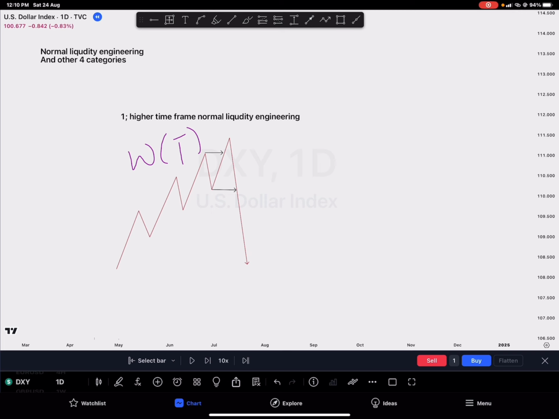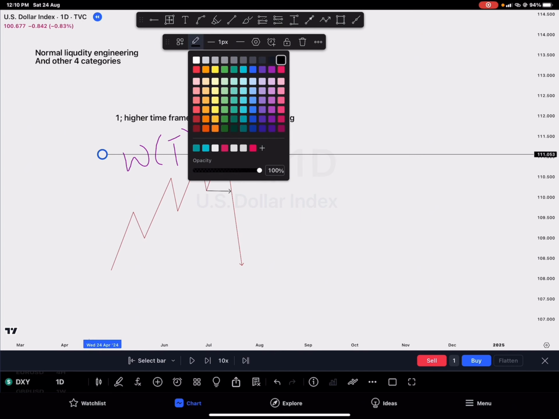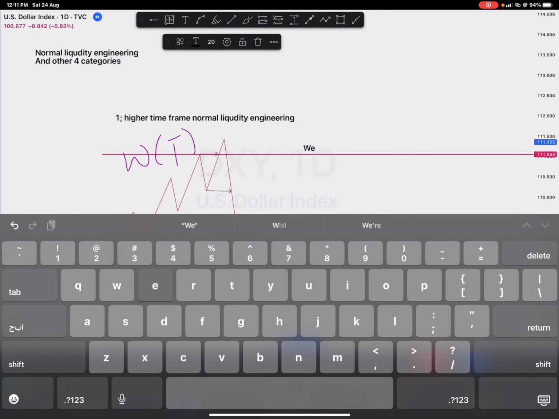So price is having this resistance level on a weekly time frame. Remember, I explained how this normal liquidity engineering comes about. So now this becomes the weekly resistance level.